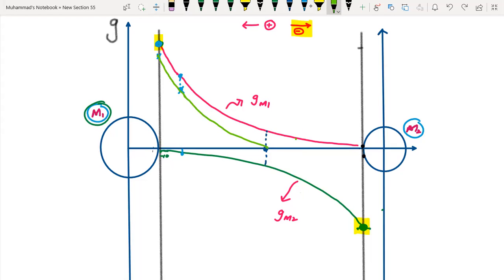So now the resultant will vary in this way, and at this point it will be somewhere here. So you can see how the resultant varies.